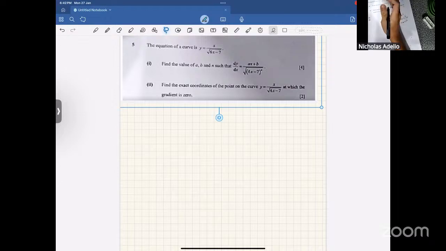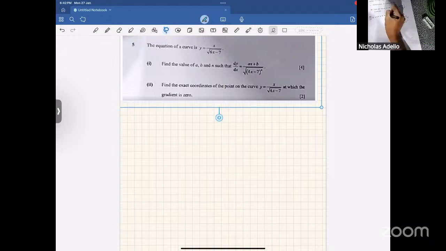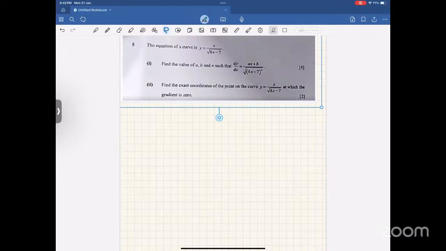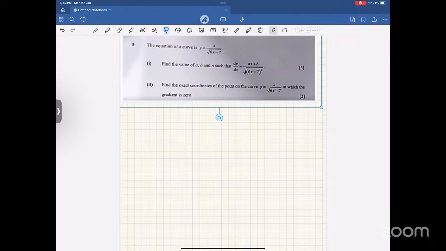Teacher, may I ask? When they do that, the denominator is squared. Is it the inside of the denominator, or does even the square root have to be squared? Would you please point to what you're saying? In the quotient rule, the denominator has to be squared as well. True, v squared, right?